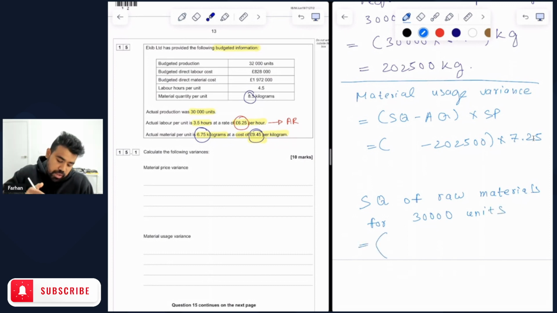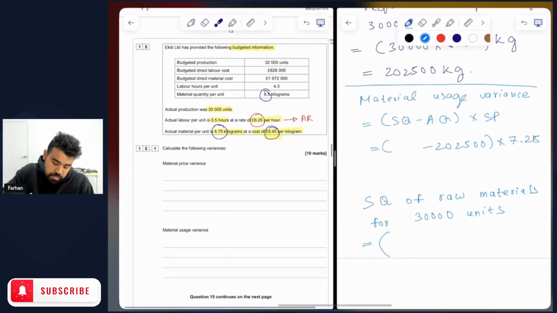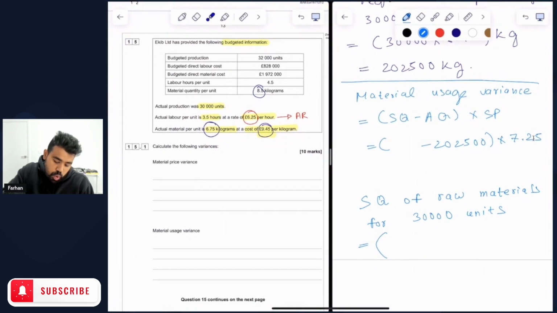If you check the table again, it clearly mentions that the quantity of materials required per unit is 8.5 kilograms. So that would have been the budget that was set aside, which refers to the standard measures.